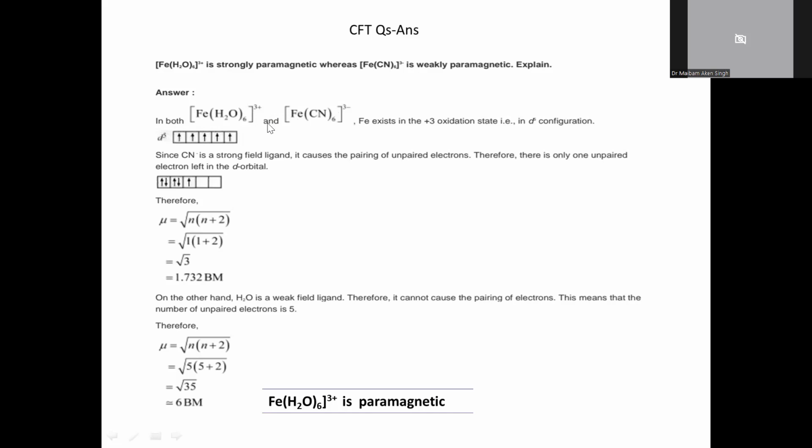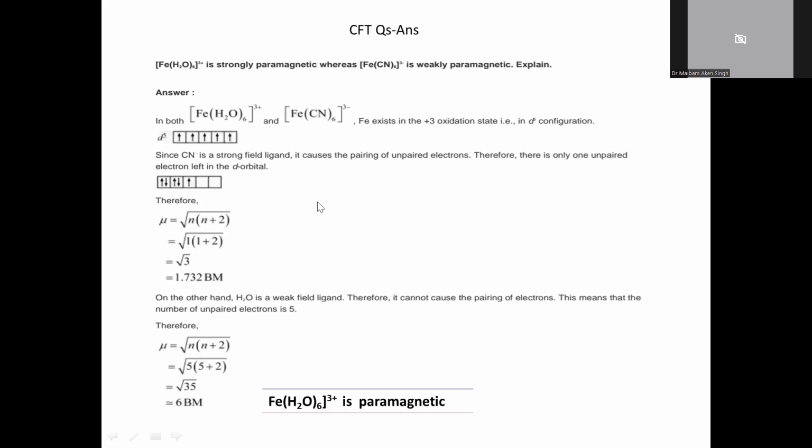The mode of hybridization is d2sp3 or sp3d2. I repeat, d2sp3 is why it is an inner orbital complex, and sp3d2 is an outer orbital complex. But both hybridizations, d2sp3 or sp3d2, give the same geometry, octahedral. There is no change in geometry.